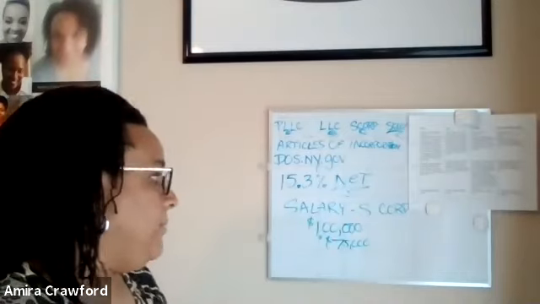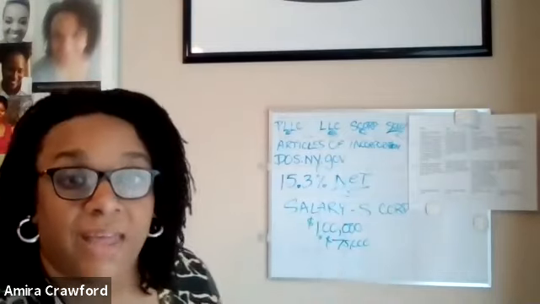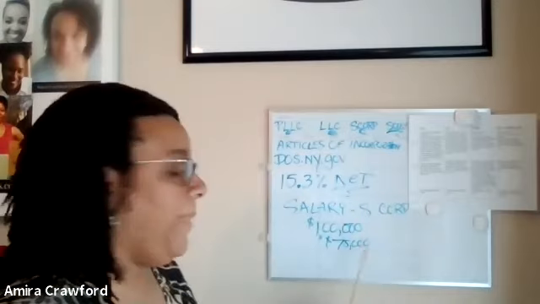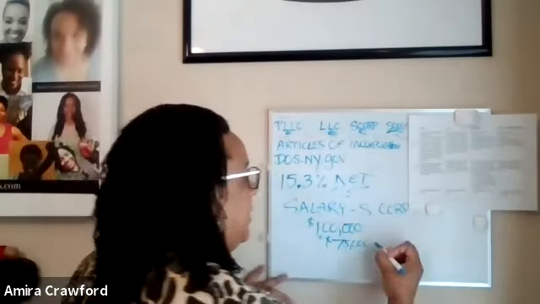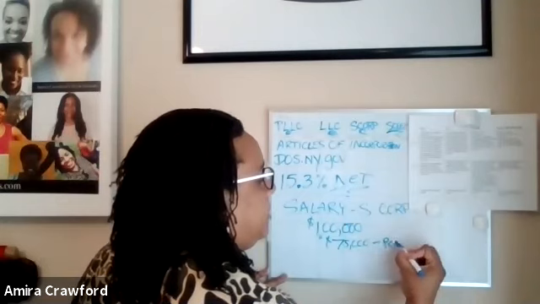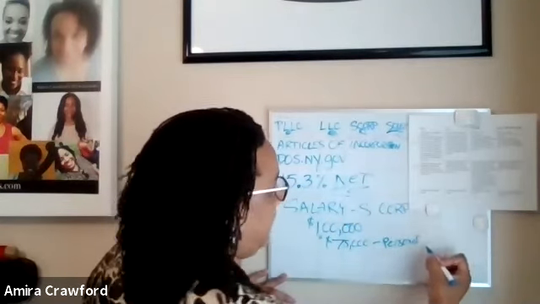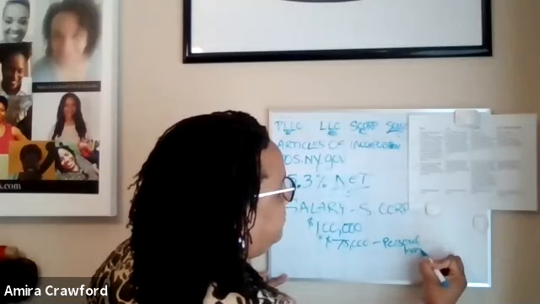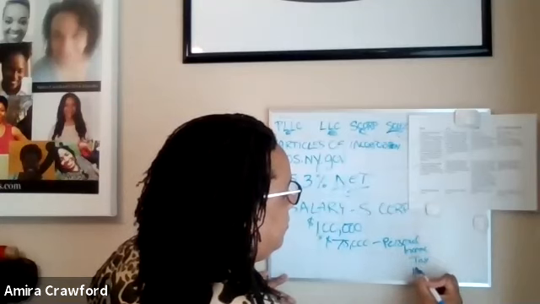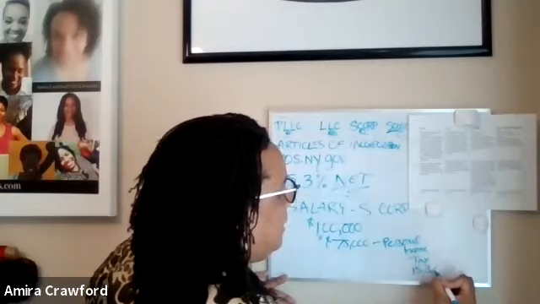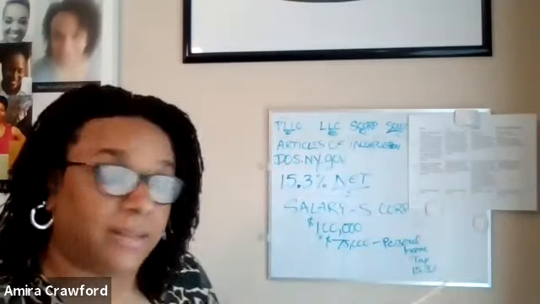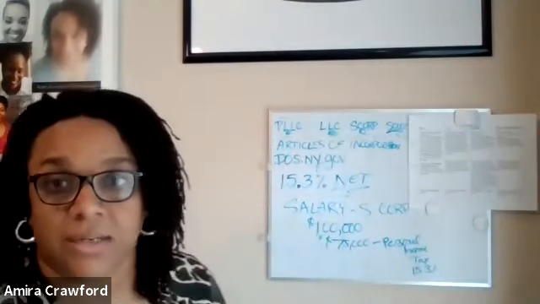You brought in $100,000. So from your $75,000, you pay personal income tax. So you pay that 15.3%, right? And then what's left? What about the other $25,000, right?